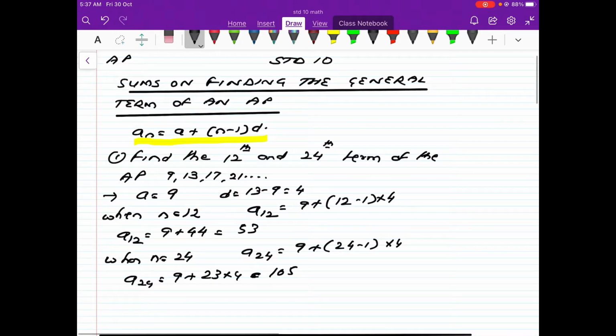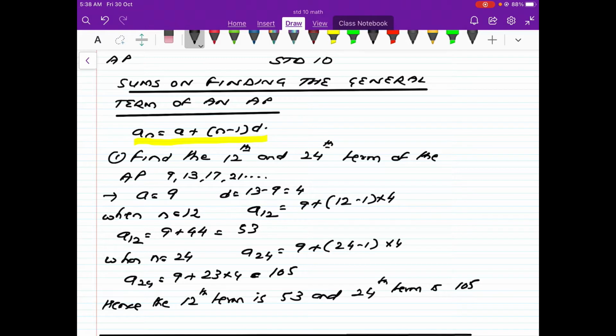So we say, hence the 12th term is 53 and the 24th term is 105. This is how we do it.